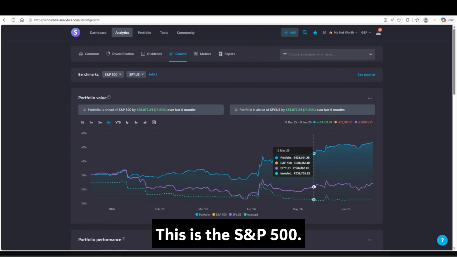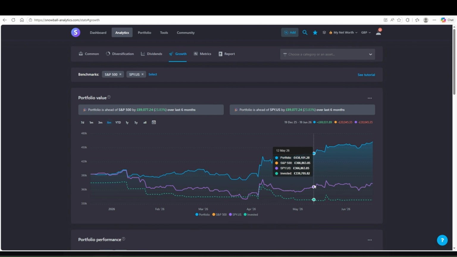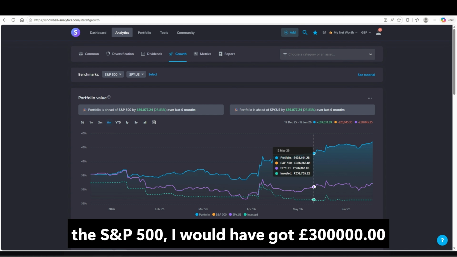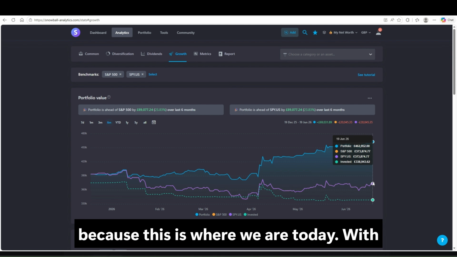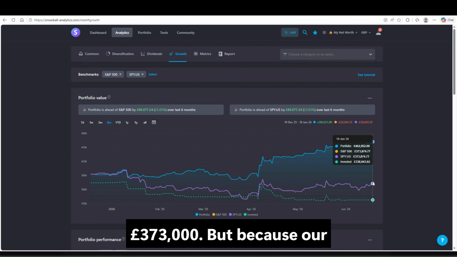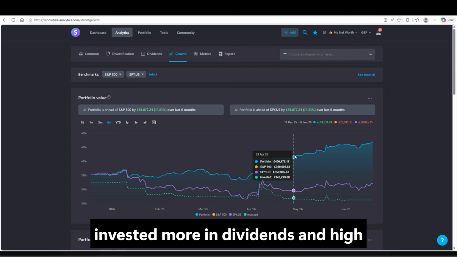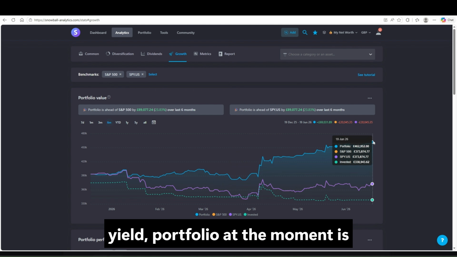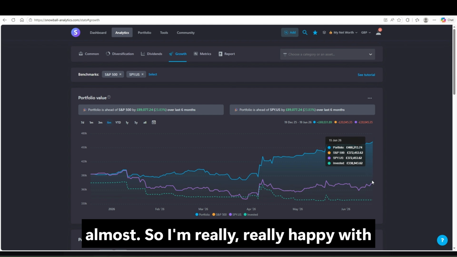This is the S&P 500. If I just put everything in the S&P 500, I would have got, well, actually, let's go up to here because this is where we are today. With the S&P 500, I would have got around 373,000. But because I changed the portfolio and invested more in dividends and high yield, the portfolio at the moment is sitting at almost 463,000. So I'm really happy with this.